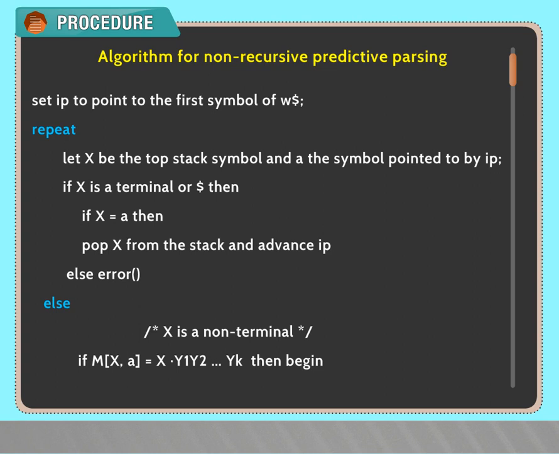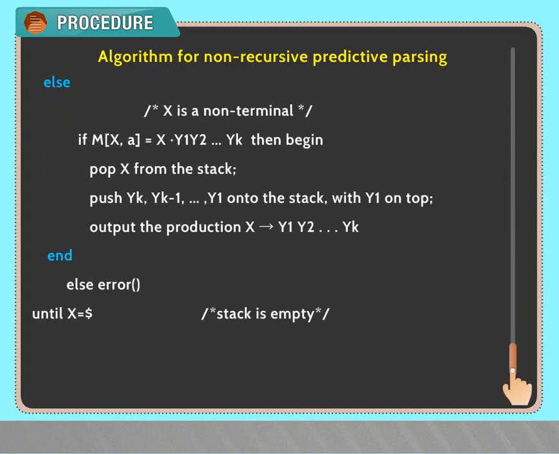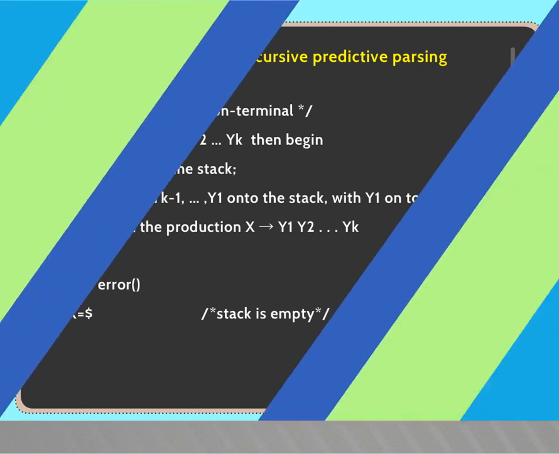If M[X, a] = X → Y1 Y2 ... Yk, then begin: pop X from the stack; push Yk, Yk-1, ..., Y1 onto the stack with Y1 on top; output the production X → Y1 Y2 ... Yk. End. Else error(). Until X = $, stack is empty.